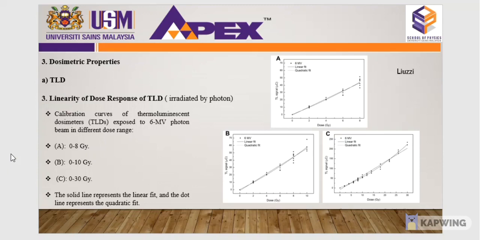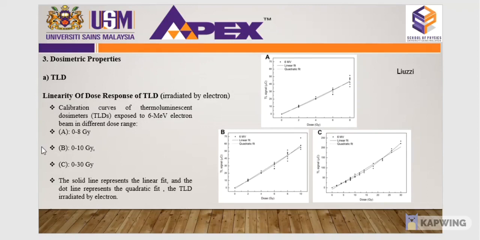linearity. These figures show the calibration curves of the thermoluminescence dosimeters exposed to the 6 mega electron volt electron beam in different dose ranges. Figure A 0 to 8 gray, figure B 0 to 10 gray, while figure C 0 to 30 gray.